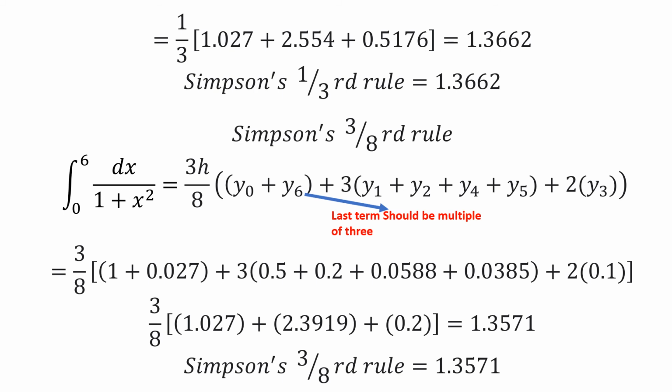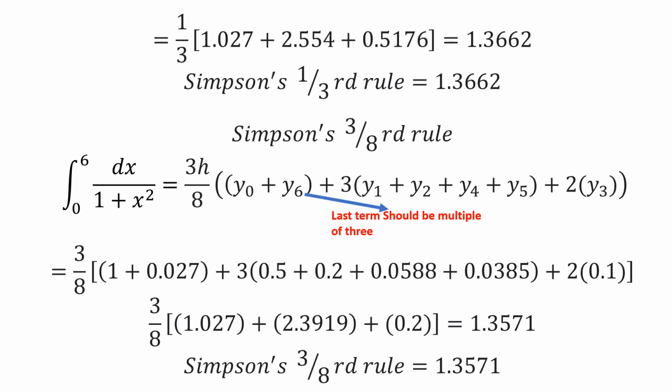Like here, y1 we have taken, y2 we have taken, y4, y5, and y3, because it should be a multiple of 3. The last term, this is y3, this is the actual last term, and this is an in-between term.